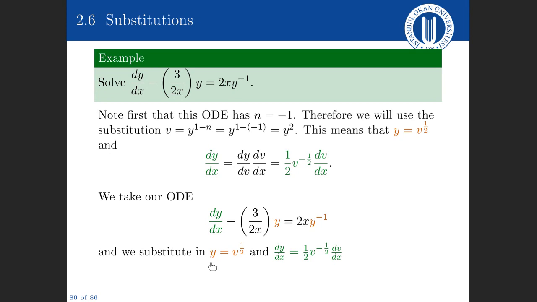We're going to replace y by v to the power of a half, and we're going to replace dy/dx by a half v to the power minus a half dv/dx. And what we get is this: a half v to the power minus a half dv/dx minus 3 over 2x v to the power of a half is equal to 2x v to the power minus a half.